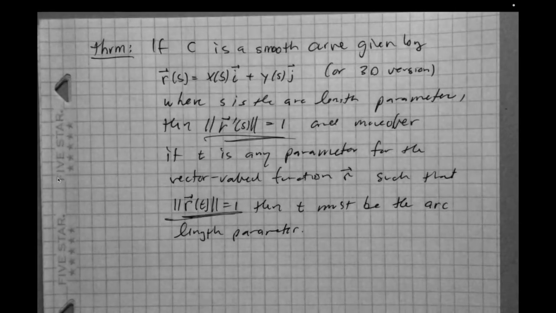Excellent. We talked already about how time is generally the best parameterization for looking at motion along a curve. When is arc length a good parameterization? Arc length is good whenever we're studying geometric properties of a curve.